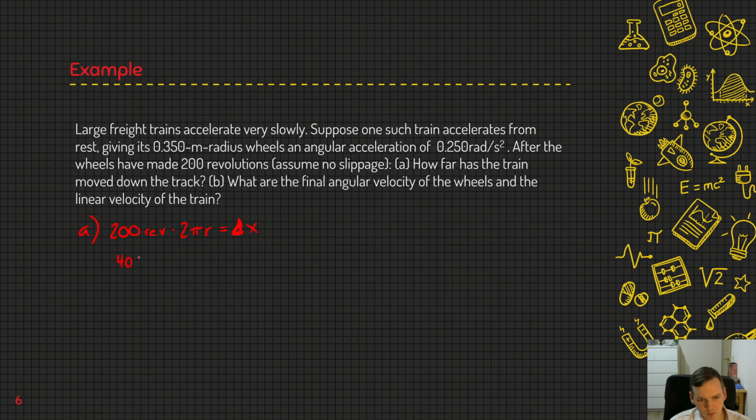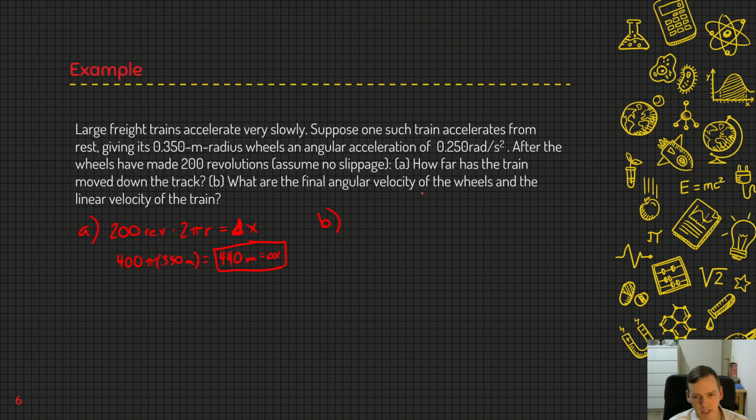So that gives us 400 pi times 0.350 meters, which gives us a distance of 440 meters. This is just kind of mathematical reasoning. There's no real physics involved here.